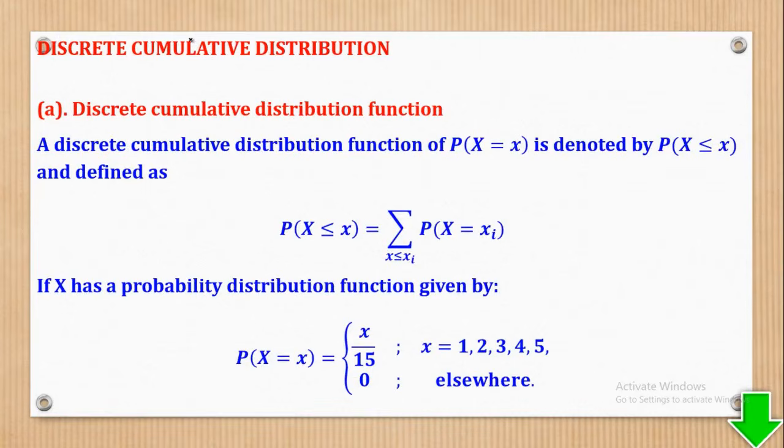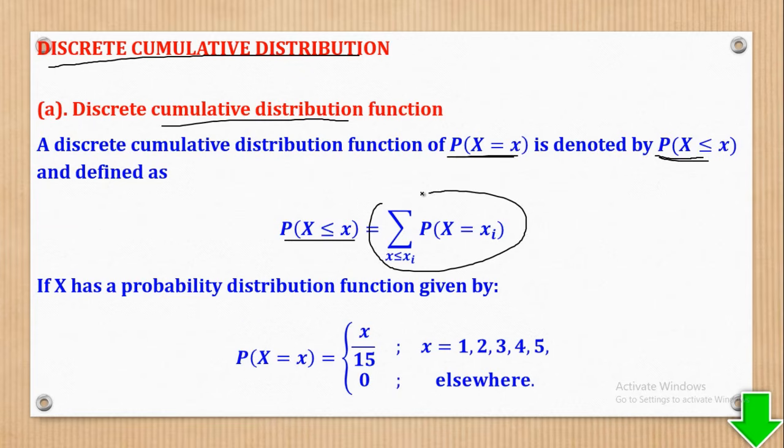Now we shall go to the second part, which is discrete CDF, or discrete cumulative distribution function. A discrete CDF is a function of probability of x equal to x and is denoted as this. So it is a cumulative distribution function of this and is denoted by probability of x less or equal to x, and that is defined by this expression.